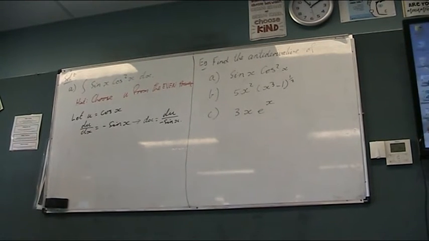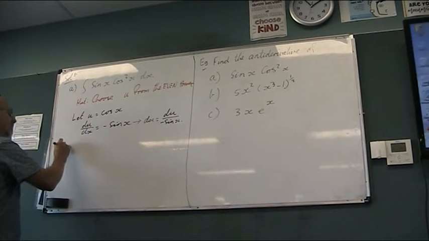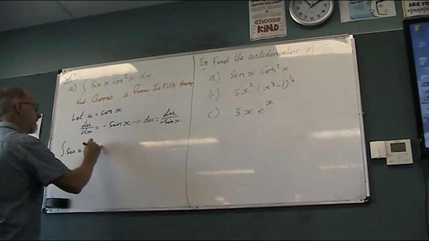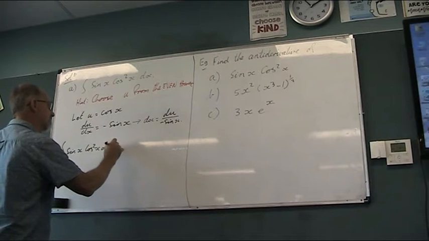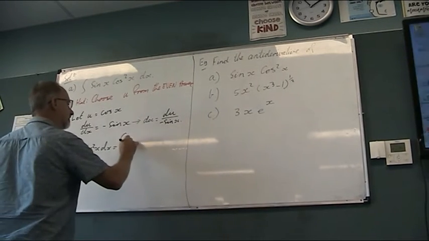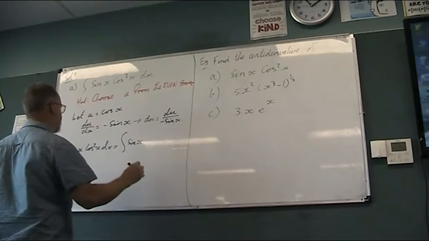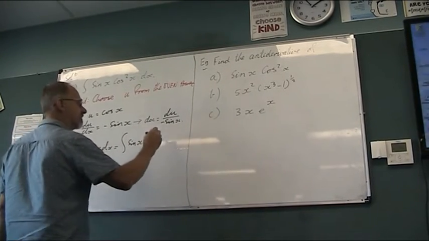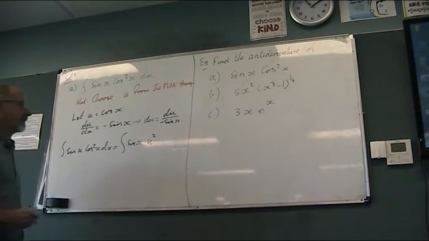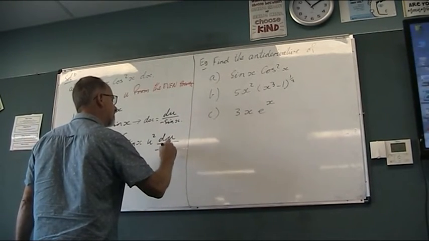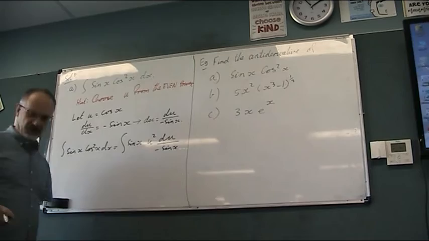Alright, so far, so good. So now if I change my sin x cos squared x dx into things with u in them, the sin x is just there, cos was u so it's u squared, and dx is du over negative sin x. What do you notice?